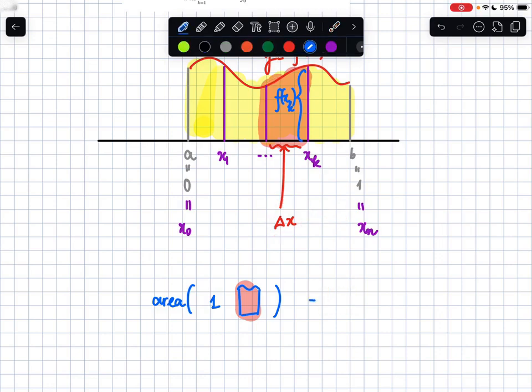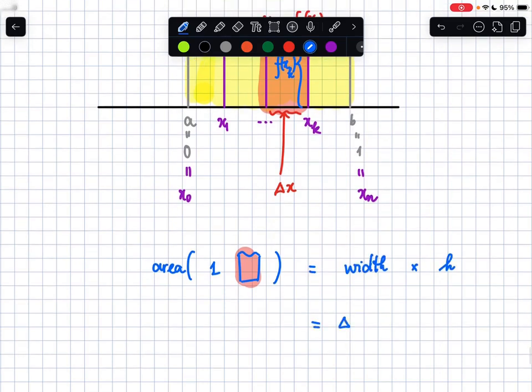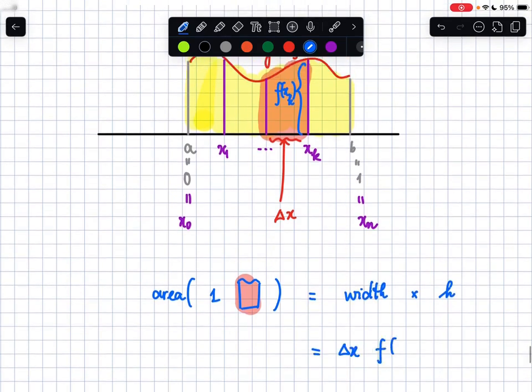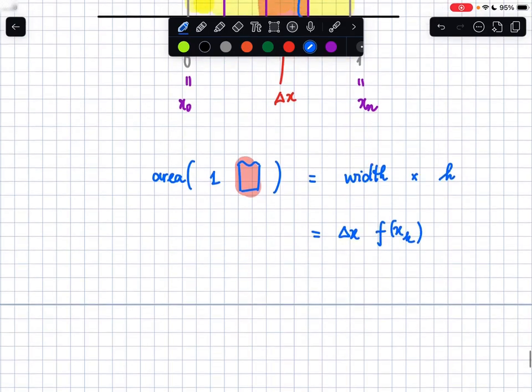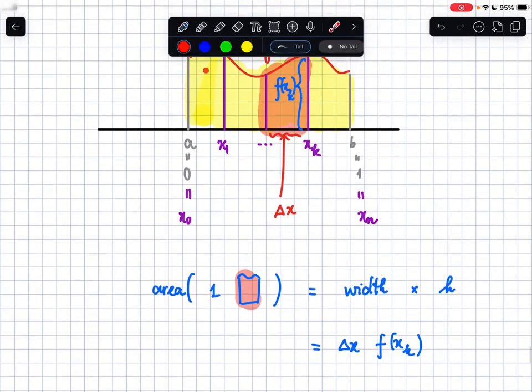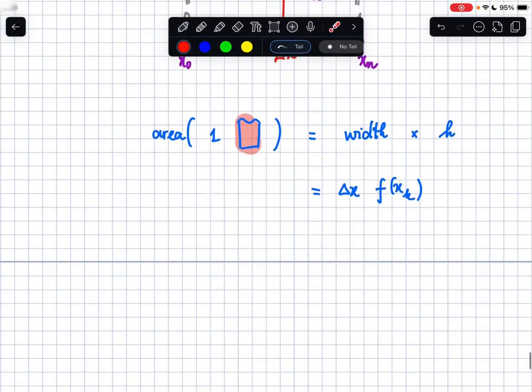The area of one rectangle is the width multiplied by the height. The width is delta x, the height is f of xk. Taking the total area, the sum of the areas of all those rectangles gives us the integral from a to b of f of x dx.